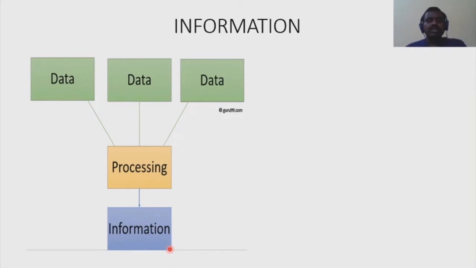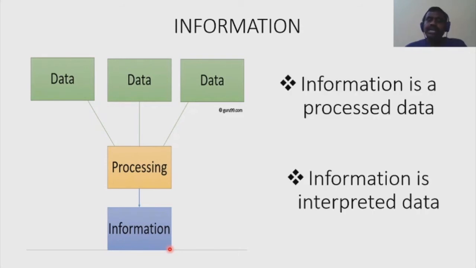Information is nothing but processed data. In short, we can say information is processed data, interpreted data. Basically, to get the information, we require the data. For that data, we apply the processing, and by applying the processing, we get the end product as the information.